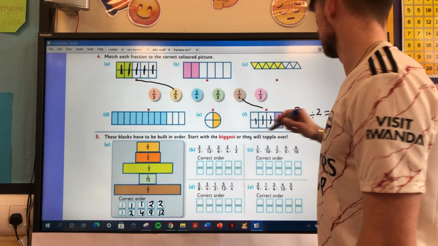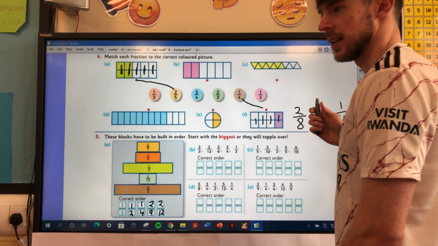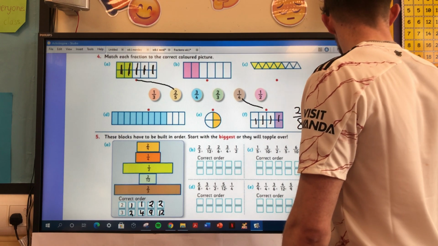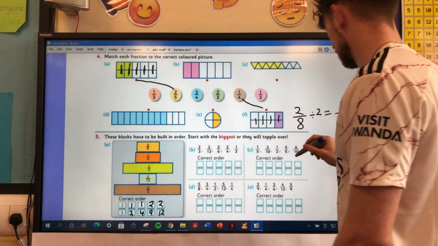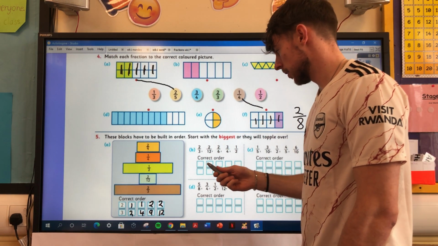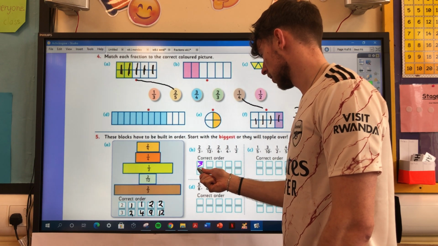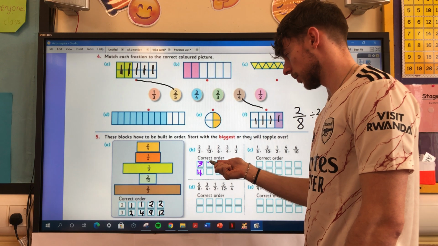Okay, so I might post it up again with this one. And I'll post one up on the Class Dojo just so you can see. Okay, so we're going to put these in now. The biggest one was 3 over 4. Okay, the next biggest was 2 over 3.